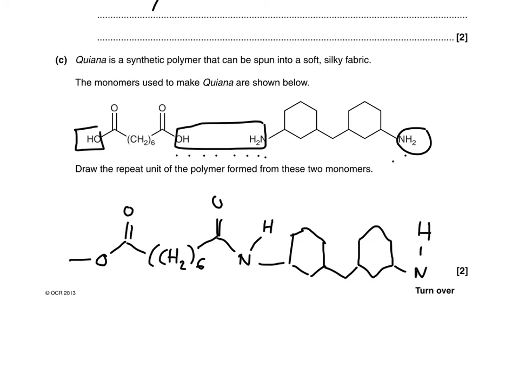Ooh, I've made a slight mistake, haven't I? I'm going to lose that oxygen. That's going to bond straight on to the nitrogen here. There we go. That's our repeat unit. Byproduct's going to be water. You don't need brackets, but I'm just in the habit of it now.